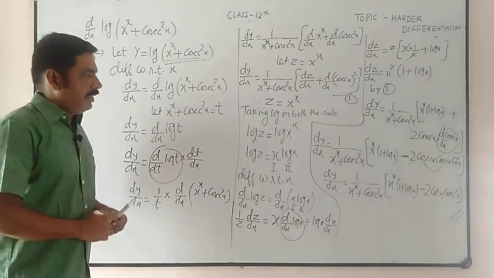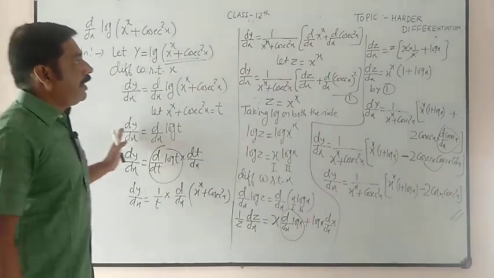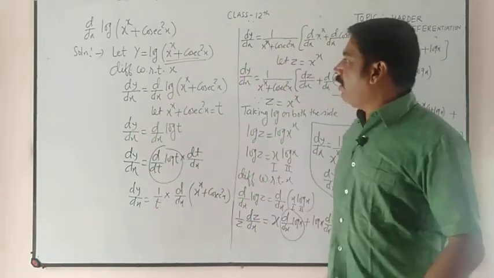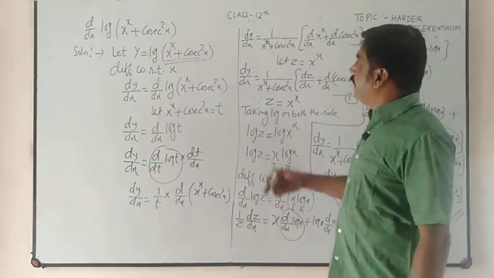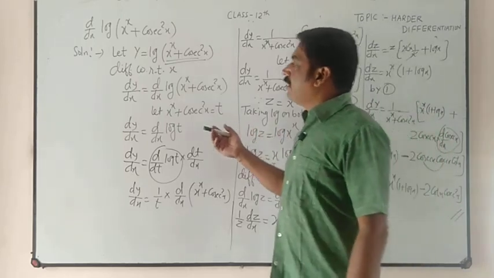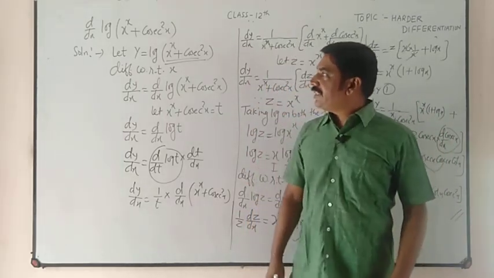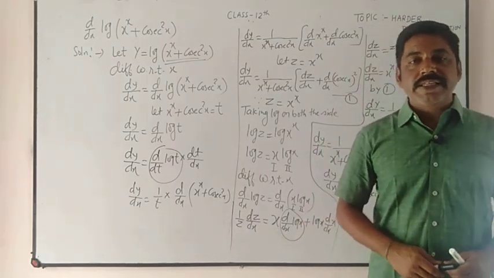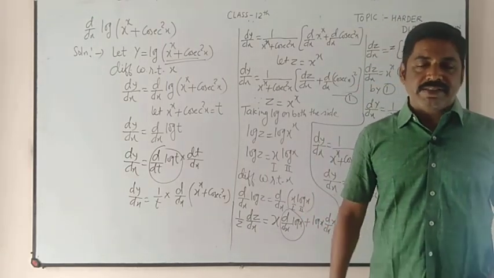Clear? So these are the questions that we did, and all questions are related to logarithmic differentiation. So in the next video we will see some other questions. Thank you.